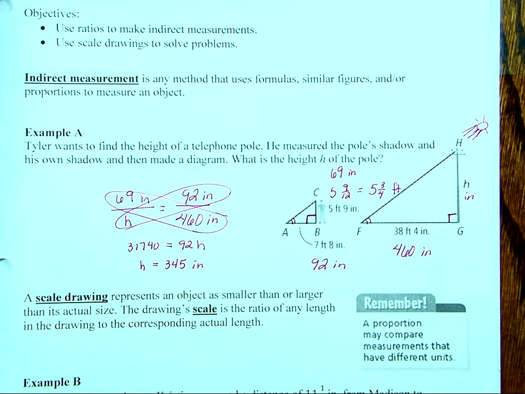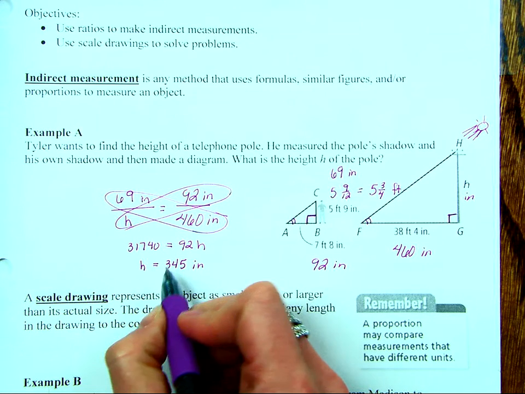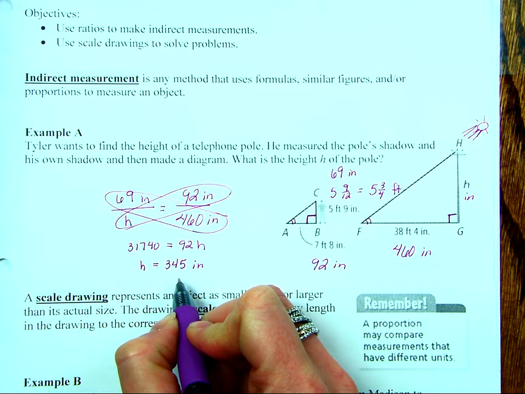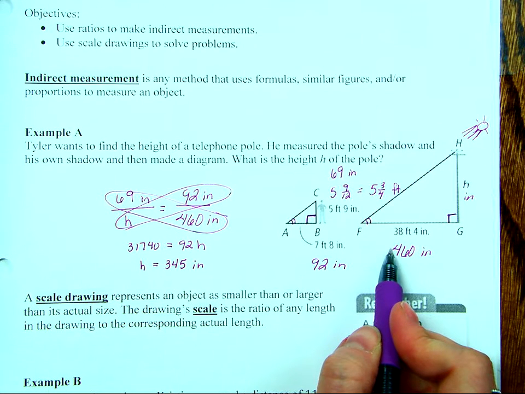Now, typically, I'm going to ask you to give your answer in feet and inches, so I don't necessarily want 345 inches. We would go ahead and divide by 12. Now, if you divide by 12, we're going to find that this is 28.75. Again, I want my answer in feet and inches because that's how they were in the problem.